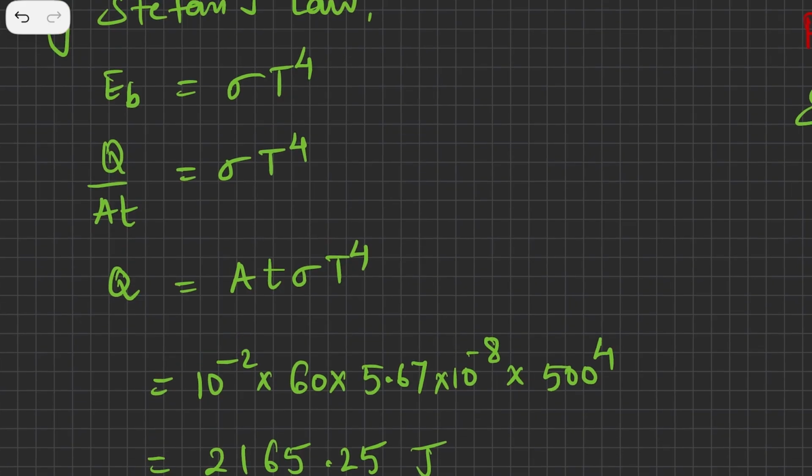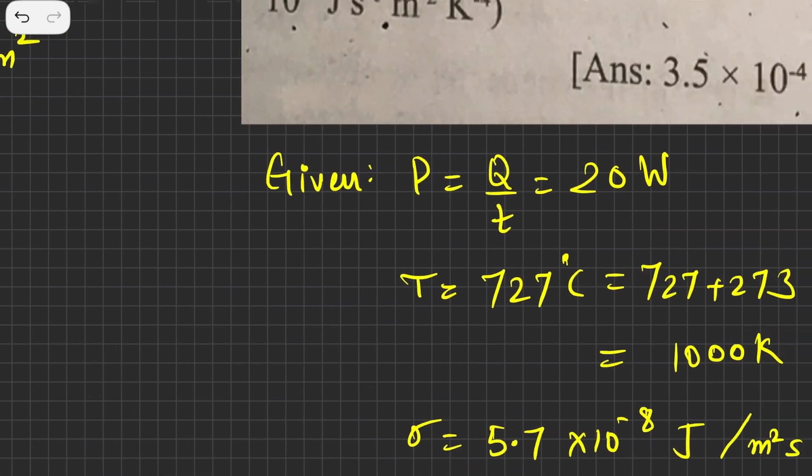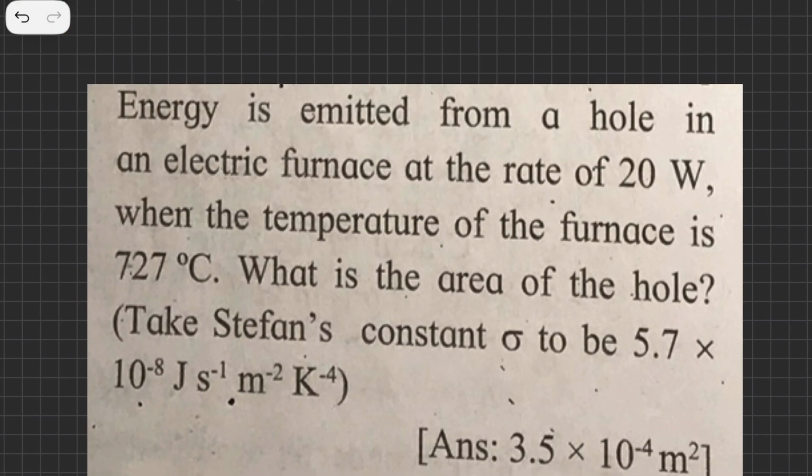So this is one of the numericals, and let's go to the next numerical, which is again based on Stefan Boltzmann's law. You can pause the video and go through the question. A lot of data is given. Energy emitted by a hole in an electrical furnace, and the rate is 20 watt.